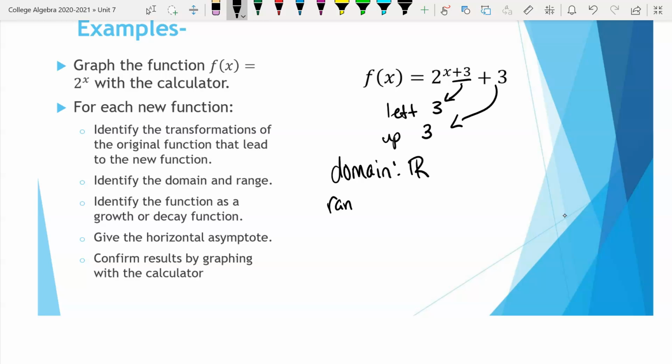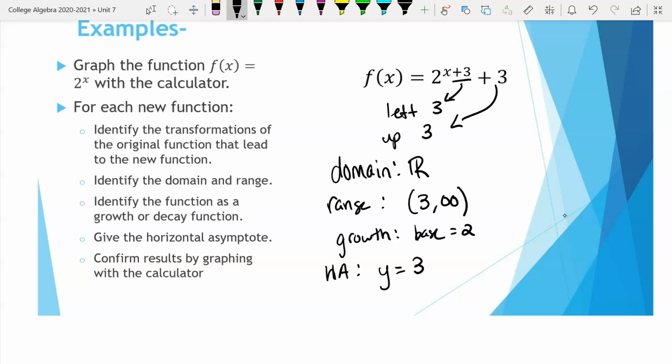Your range is where it's going to change. If I move it up 3, my range is not going to be 0, infinity, it's going to be 3, infinity. This is going to be a growth problem because the base is still 2. The horizontal asymptote, notice we went up 3, so now it should be at y equals 3.